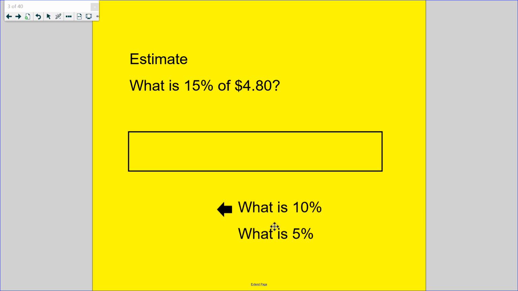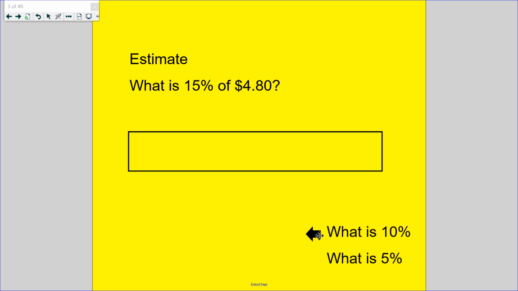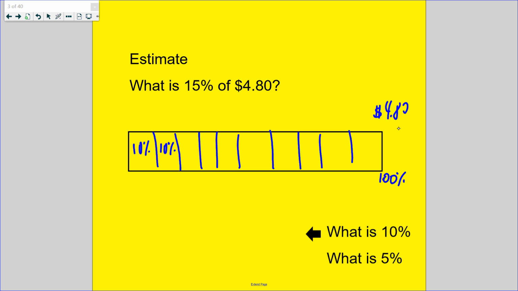One way you can do it is looking at a fraction tower. This whole thing represents 100%. If I broke this into 10 equal parts, that's 10% in each section. It's $4.80 for the whole bar.